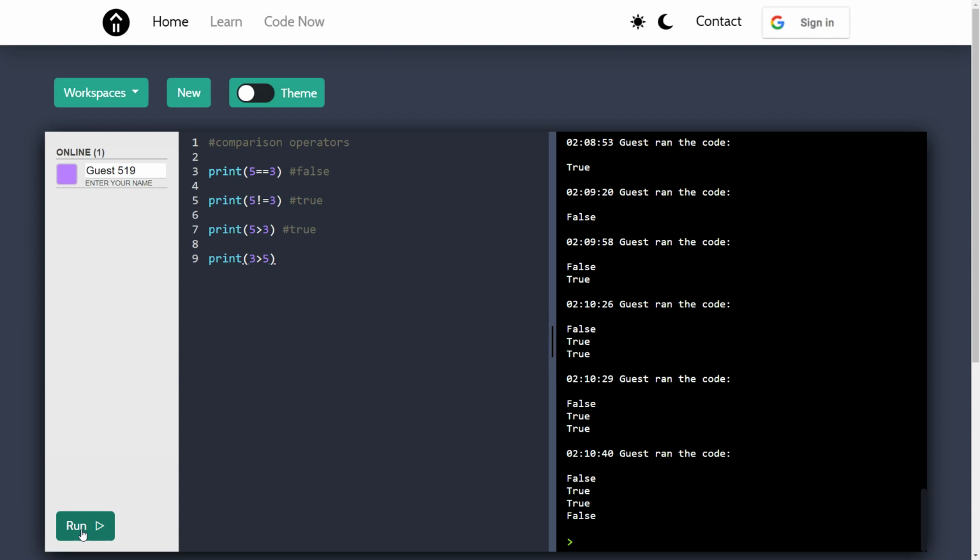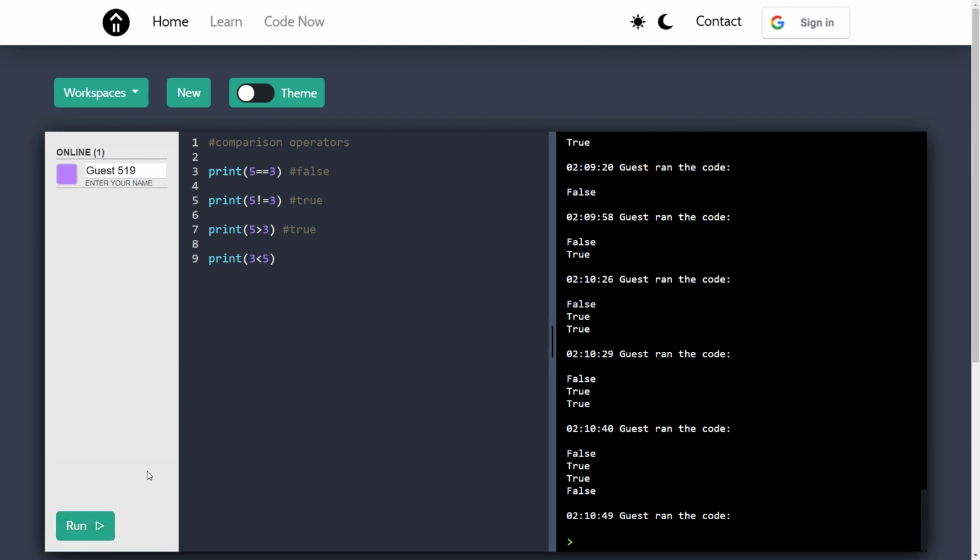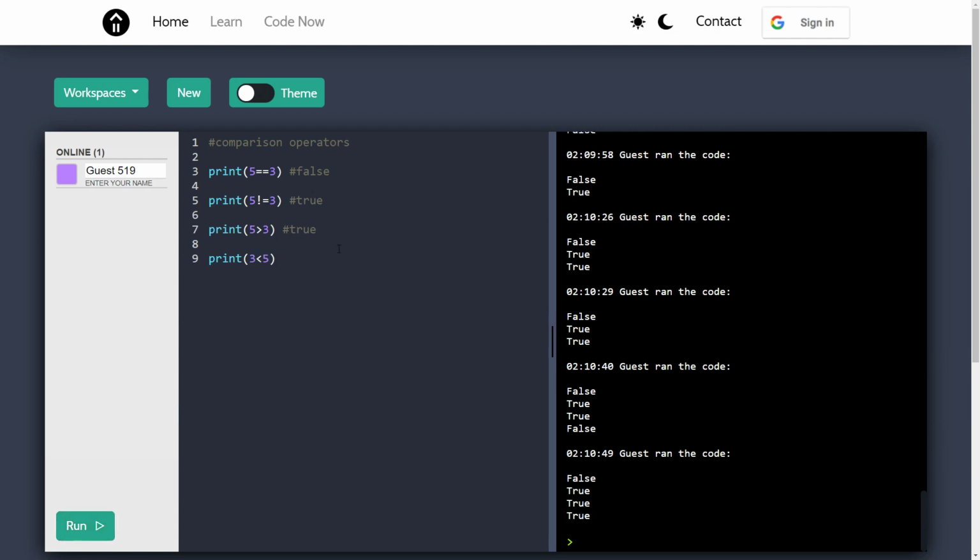No, it's not. 3 is not greater than 5. Alright. Is 3 less than 5? Yes, it is. 3 is less than 5. So this is true. What else do we have? We have greater than, we have less than, we have equals to, we have not equal to.